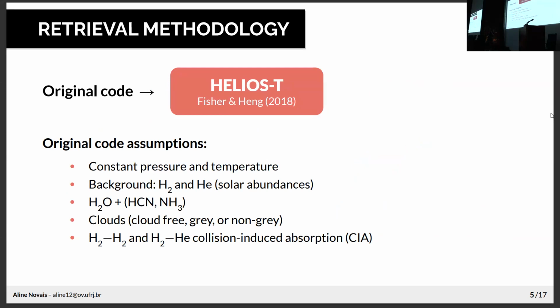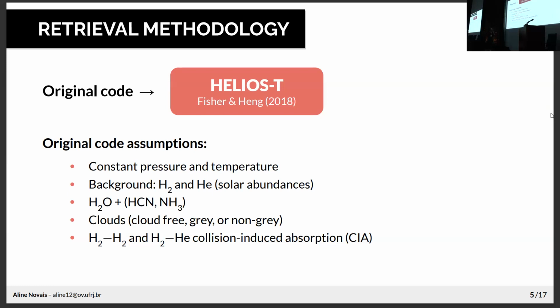My code is based on a code developed by Fisher and Heng in 2018. So I basically took this code and updated it in my own work. For the original code, we have to make some assumptions to infer these atmospheric parameters. We are using constant temperature and pressure instead of a whole profile.